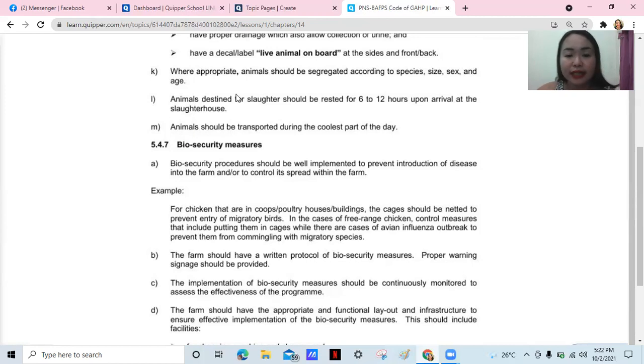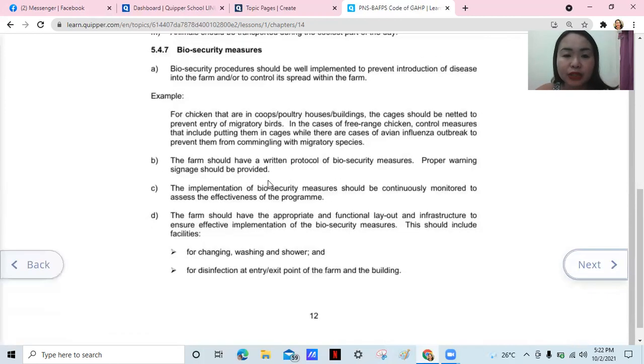And so, next is the biosecurity measures. The biosecurity procedure should be well implemented to prevent introduction of disease into the farm and in order to control its spread within the farm. For example, for chicken that are in coops or poultry houses, the cages should be netted to prevent the entry of migratory birds that can harm or attack them.